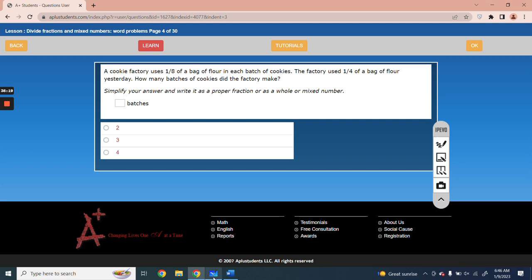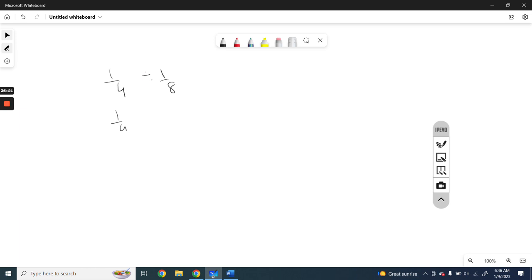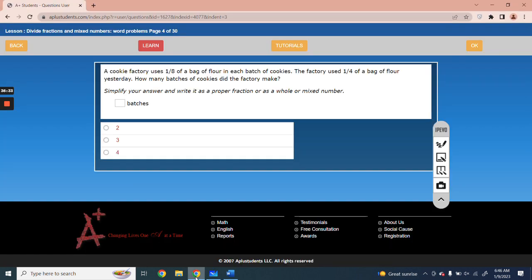Got it? So it will be then 1 over 4 times 8 over 1. So 8 times 1 is 8 and 4 times 1 is 4. So it would be 2, because 4 times 2 is 8. Got it? That means by using 1/4 of the bag of flour, at 1 over 8 for each, they make 2 batches of the cookies. Got it? So the correct option is 2. Just select the correct option and click on the OK button.